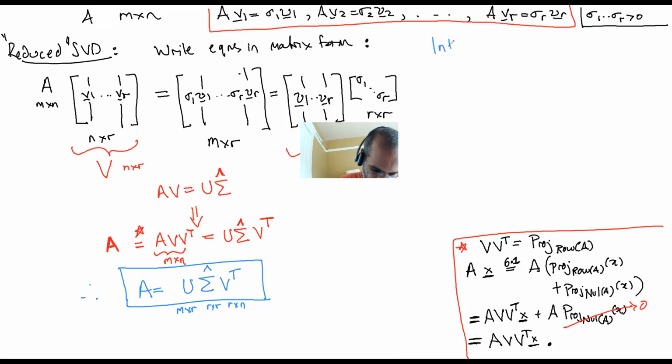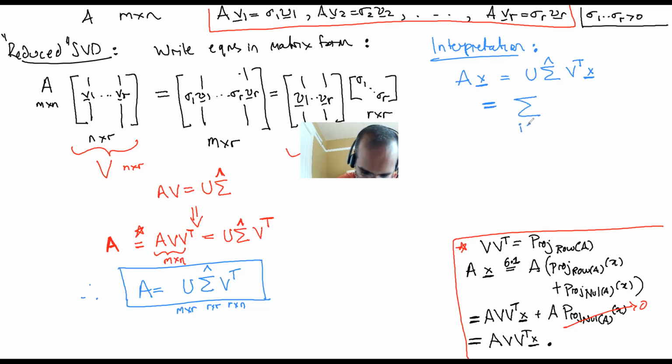And what's the interpretation? Suppose you multiply this by some X. Then this is U sigma hat V transpose X. And if you do the usual song and dance with the projection formula and so on, you get that this is just the summation over the non-zero singular values of Vi dot X times Ui times sigma i.